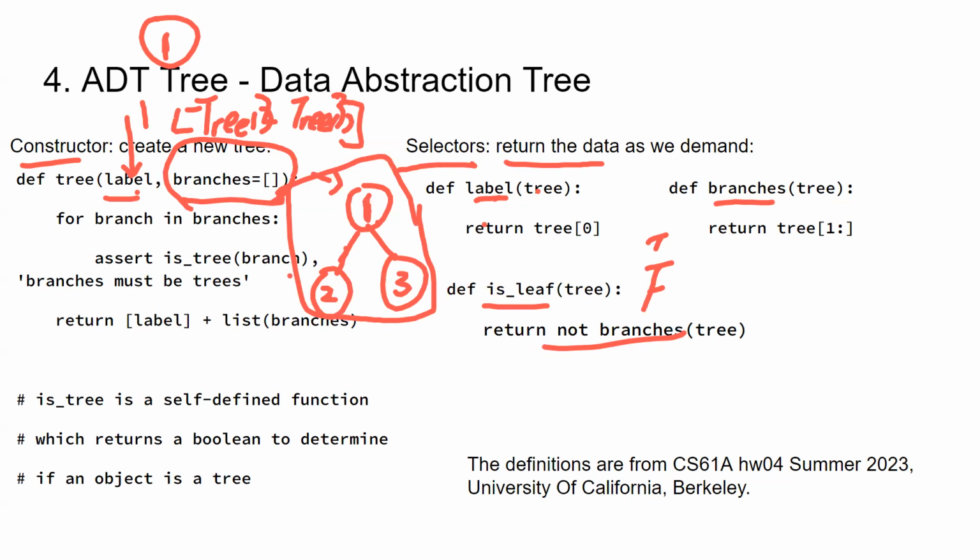But if I just input tree 2, it returns true because there are no branches below node 2. So you will receive a true if you take tree 2 inside the isLeaf function. Okay, so we are going to use these four functions to create and to select data from a tree.